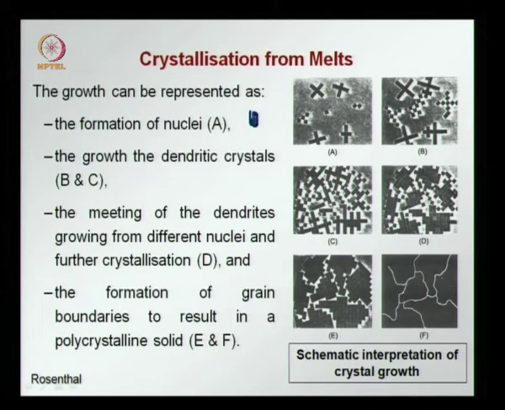So, first you have the formation of the nuclei, the growth of the dendritic crystals in B and C, then we have the meeting of the dendrites and the slow formation of the grains. Each dendrite has formed from a different nuclei and further crystallized. Finally, you have the grain boundaries forming and giving us a polycrystalline solid.